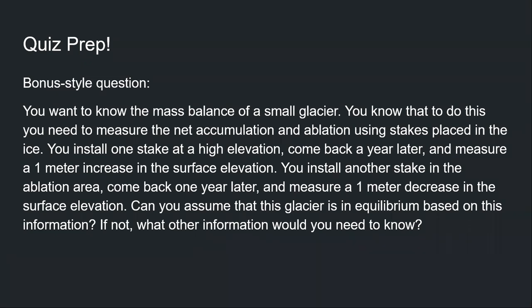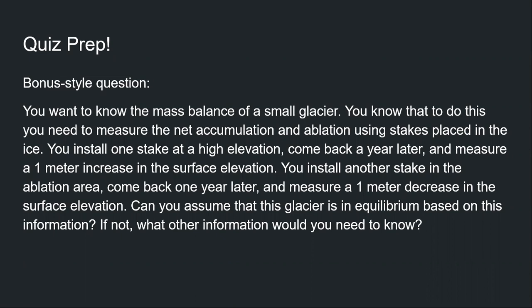Eventually you will have enough measurements that you can average the amount of ablation for the entire ablation area and measure the average accumulation for the entire accumulation area. If you see a meter of accumulation in the accumulation area, a meter of ablation in the ablation area, and those 2 areas are equal in size, then it means that the glacier is at equilibrium.